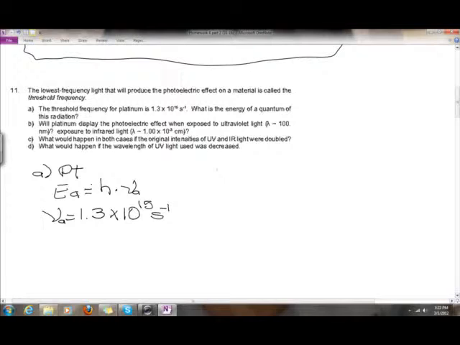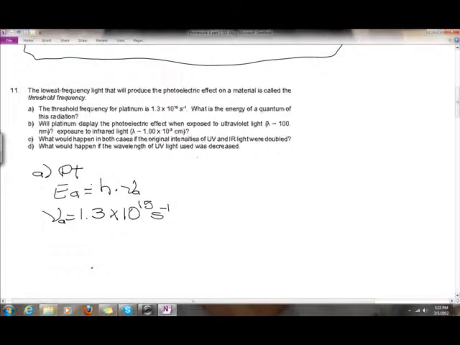So that means that if platinum absorbs light with a frequency lower than 1.3 by 10 to the 15, it wouldn't absorb enough energy to produce a photoelectric effect.